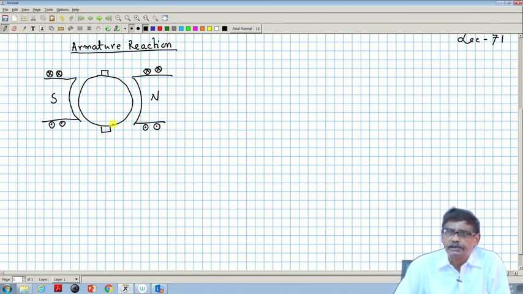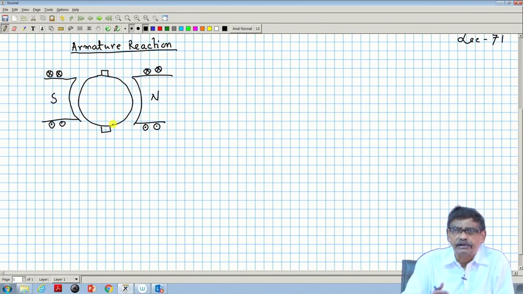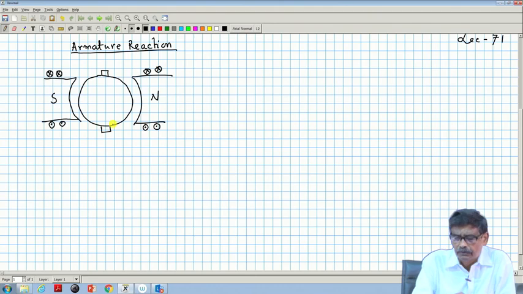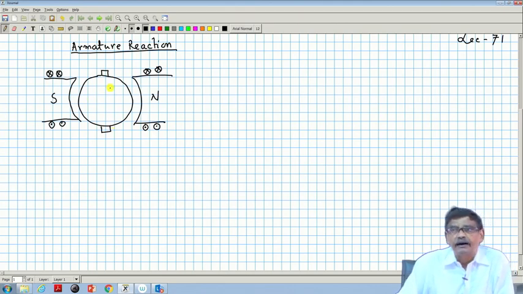This I told you on many occasions during AC machines as well as DC machines. Therefore, if we concentrate on what is happening under a pair of poles, that will be a good thing to study, and the same thing is happening in the other pairs as well. So, in this simplified diagram, no matter whether it is a multipolar machine or not, only 2 poles are shown, and all angles here are in electrical degrees.